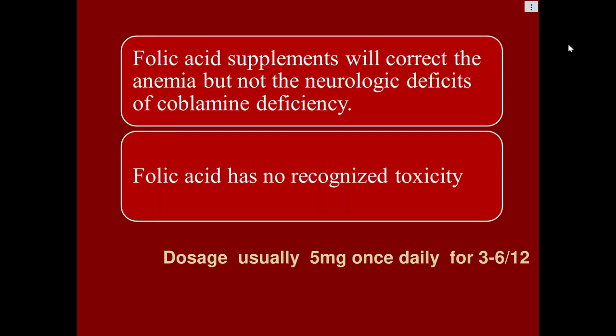You're going to look at anemia in pregnancy, so I'm sure you'll touch on folic acid and the importance of taking it in pregnancy. Folic acid supplements will correct the anemia, but not the neurological deficit of cobalamin deficiency. The daily dosage is 5 milligrams once per day for 3 to 6 months.